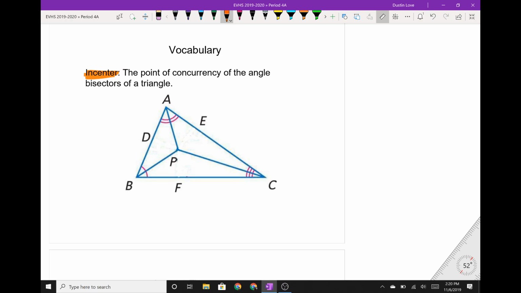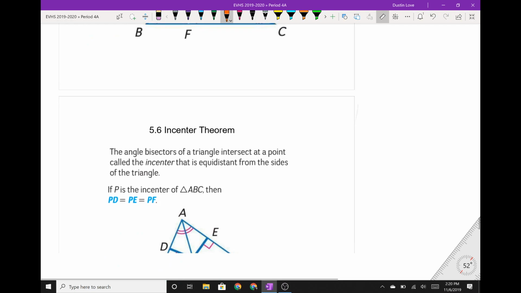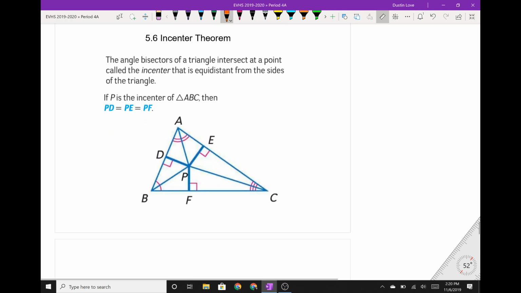No. All right. Nice little property here. The incenter is equidistant from the sides. So here, point P is my incenter because it was formed by the bisector of C, bisector of A, bisector of B, and therefore these three are congruent.